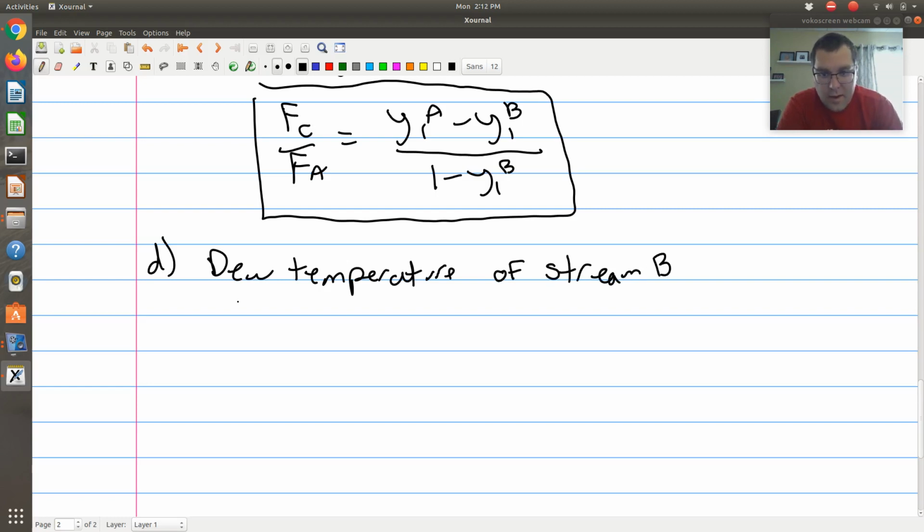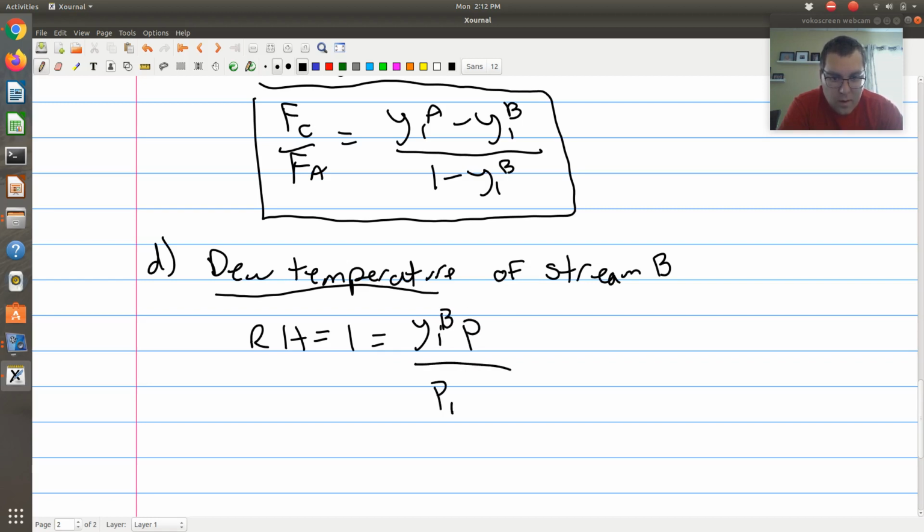When I see dew temperature, all that means is at what temperature do I have a relative humidity of 1? Relative humidity for B would be Y1B times P over P1 sat B at T dew.